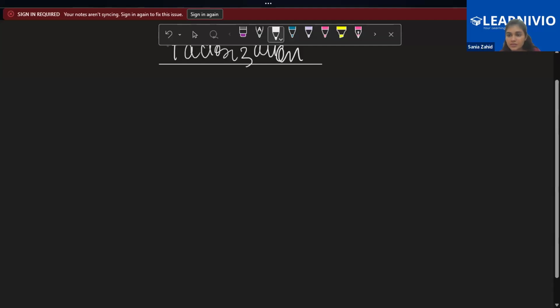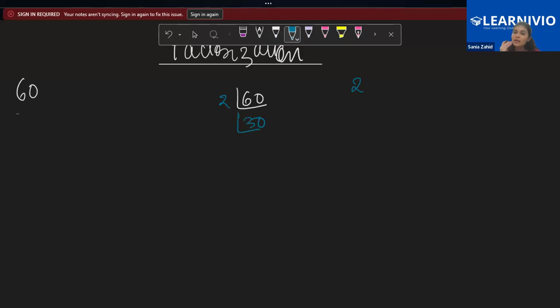Okay. So children, first of all, you should know how to do the prime factorization. So for example, I say 60. How are you supposed to write the prime factors of 60? You write 60 like this. Now the smallest prime number is 2. Just check whether 60 is divisible by 2. Yes. So you will write 2 into 30 is 60. Now check again. Keep on checking by 2 only. Is 30 divisible by 2? Yes. So write 2 into 15 is 30.